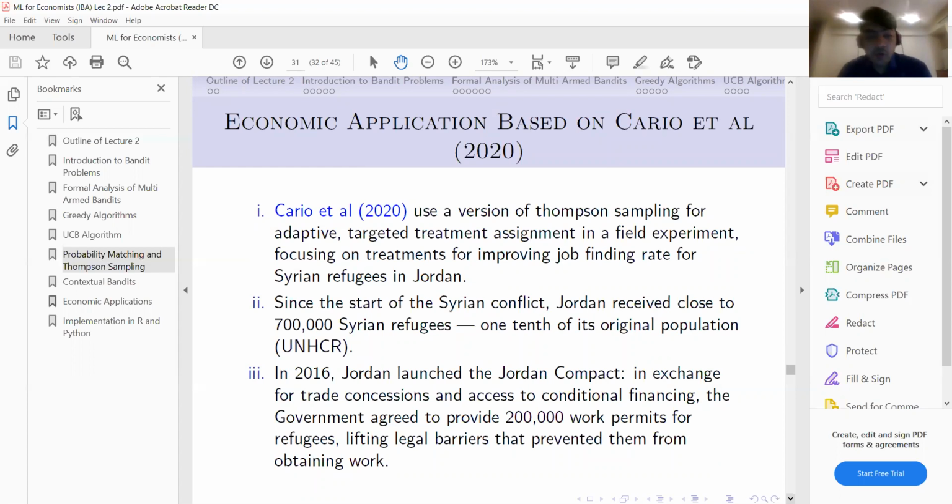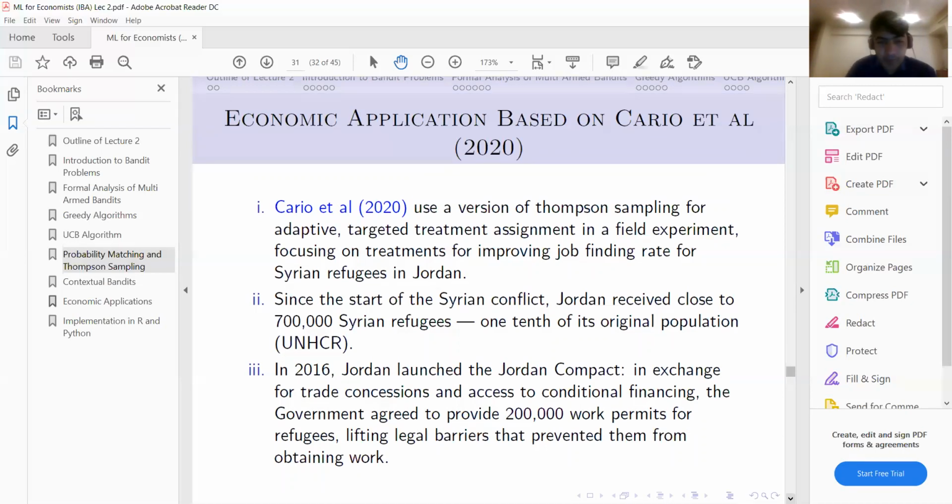So there was an international compact signed by Jordan in 2016: in exchange for trade concessions from many Western European countries and conditional financing to help deal with the refugee crisis, Jordan agreed to provide 200,000 work permits for refugees and lift the legal restrictions on job search, so that they can work within Jordan and find work.